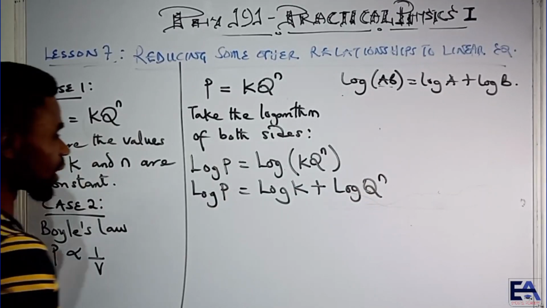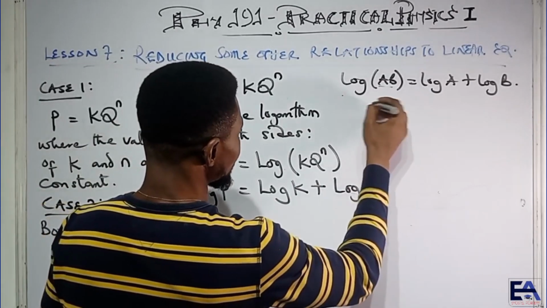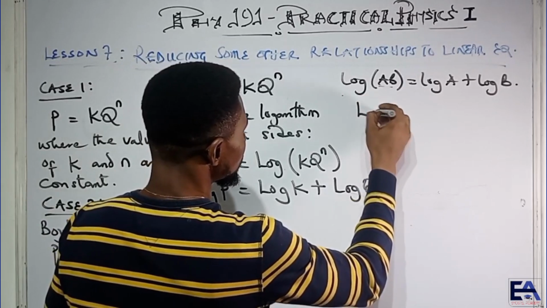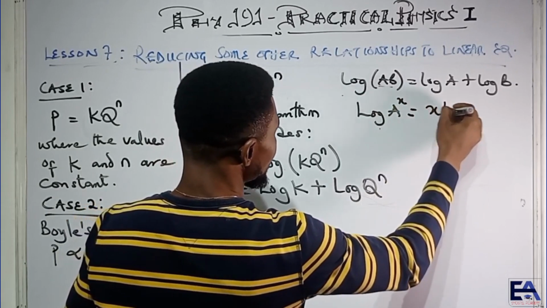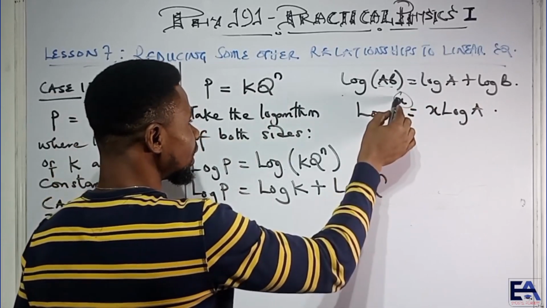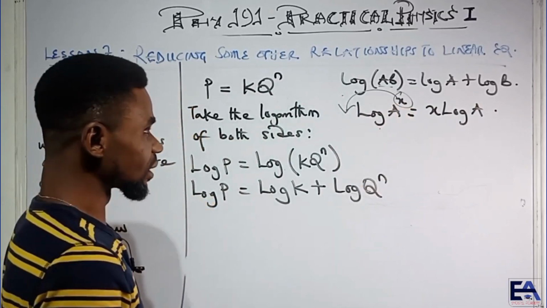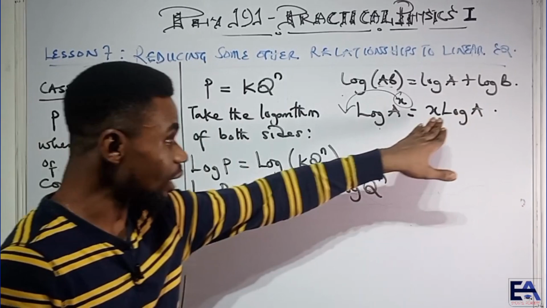Then there is another law in logarithm which says that log A raised to power x is equal to x log A, which means that the power serves as a coefficient to the logarithm. This is another law of logarithm.